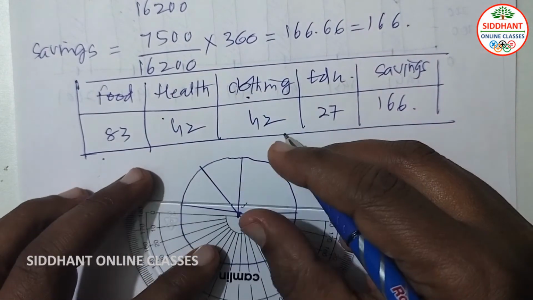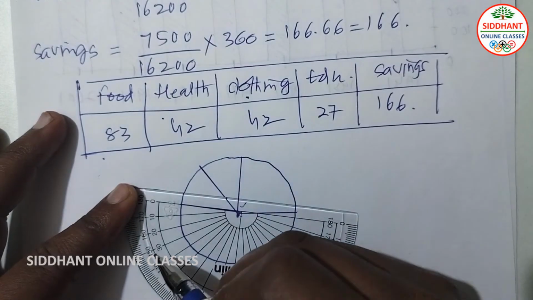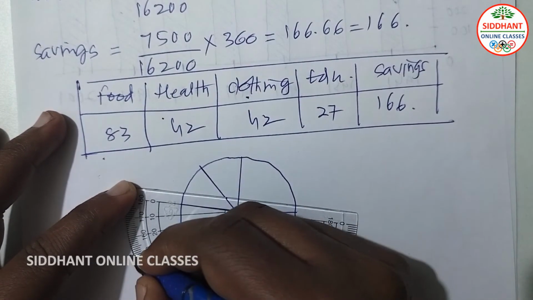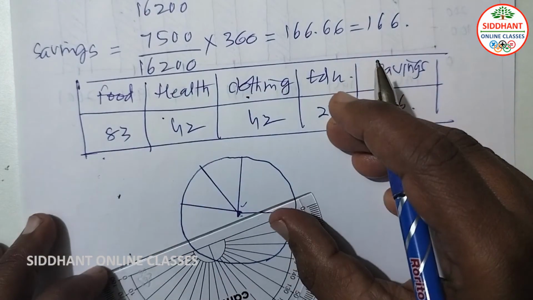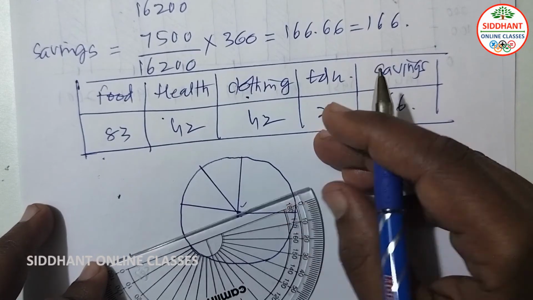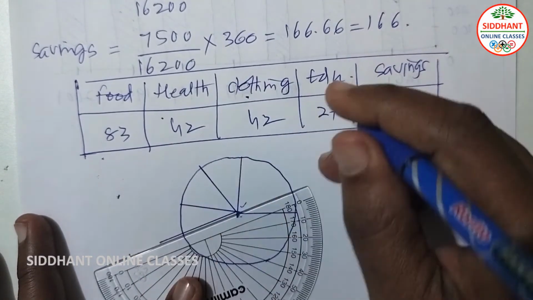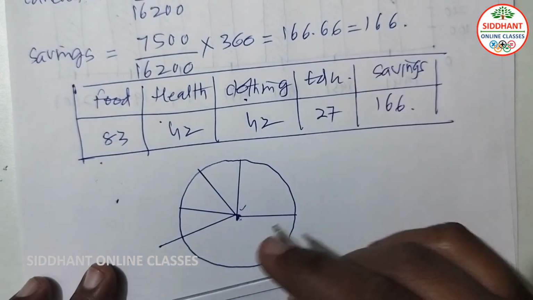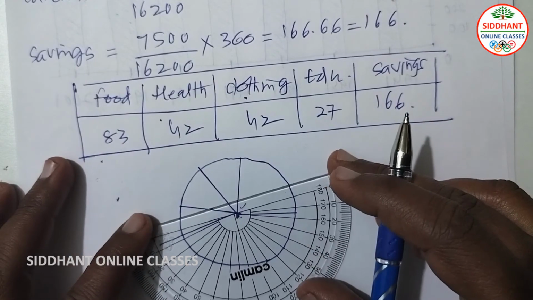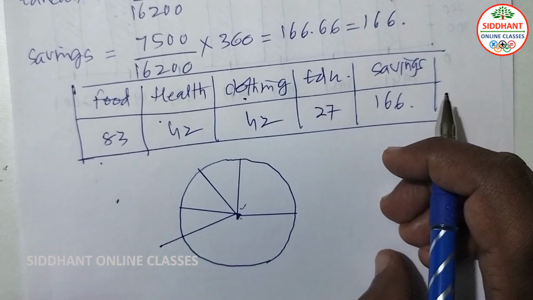Next we take 27. So 27 means here we take, so this will be 27. The rest angle will be 166 here. So when you measure here, we are going to see 166 here.